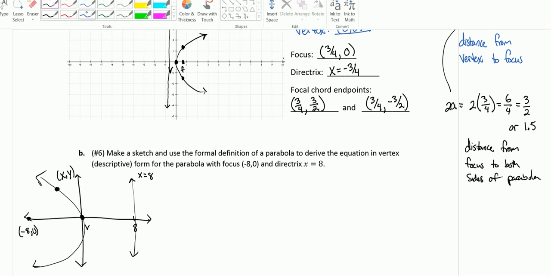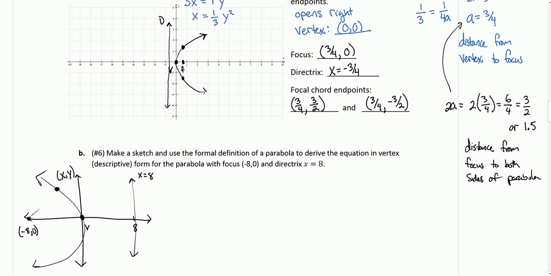And by definition of a parabola, the distance from the focus to a point is going to be the same distance from that point to the directrix, which has an x value of 8 and a y value at whatever the y value of that point is. So I'll call that point D. So we know that FP is equal to PD.